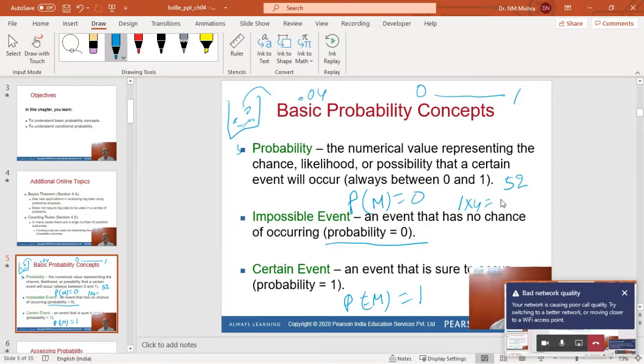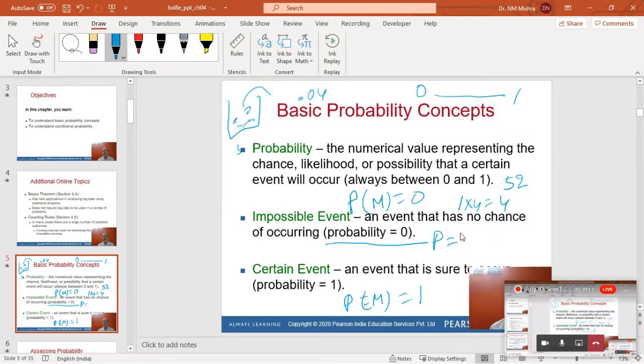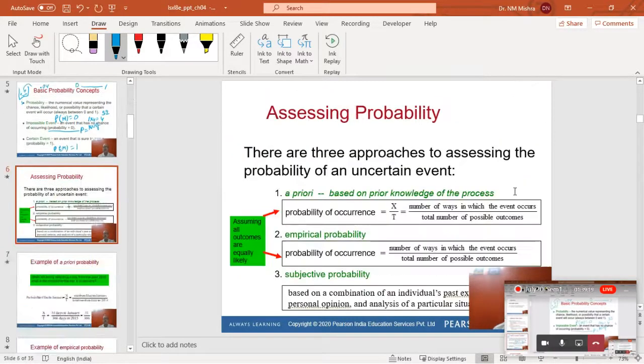So total kings in my playing cards is 4 and total cards is 52. The formula for finding the probability is x upon t, which you can see in the next slide: the number of ways in which the event occurs over the total number of possible outcomes. So the number of ways is 4 and the total number of possible outcomes is 52.